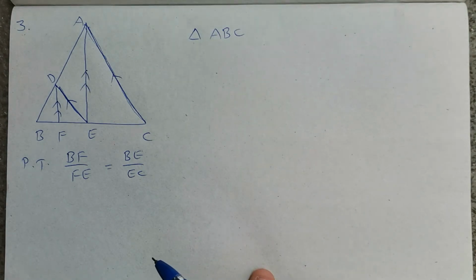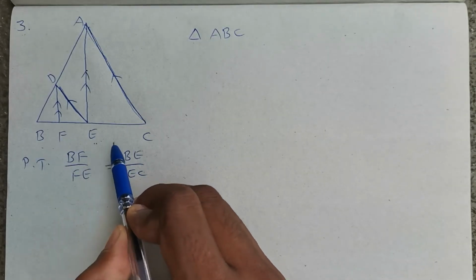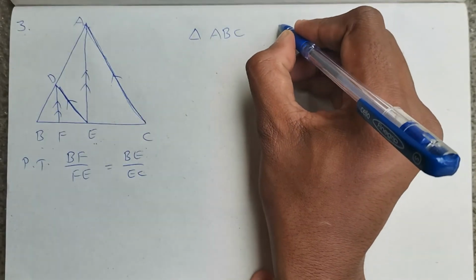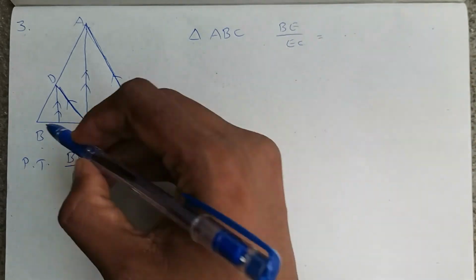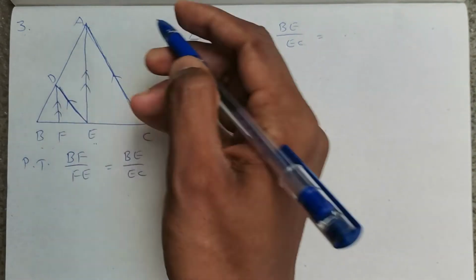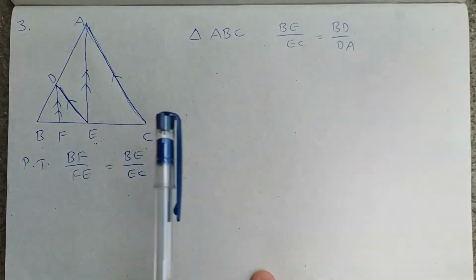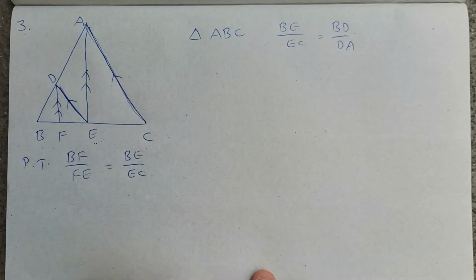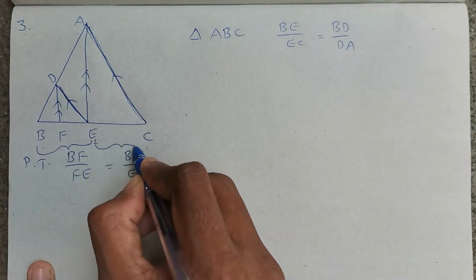So if we apply the BPT for that, BE by EC is equal to BD by DA. We are taking the total triangle ABC, and this will become the upper side and this will become the lower.